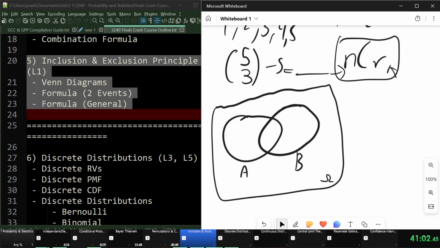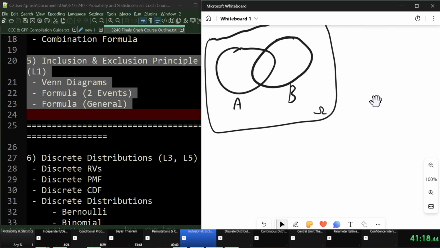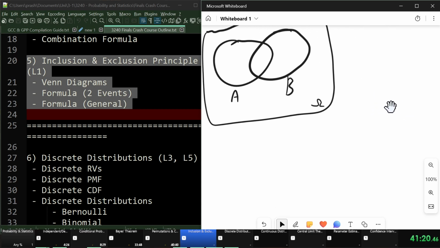The inclusion-exclusion principle is just asking, what is this probability where it's A and B combined? Just looking at the diagram itself, we can probably hazard a guess that A union B will be some addition of A and B together.